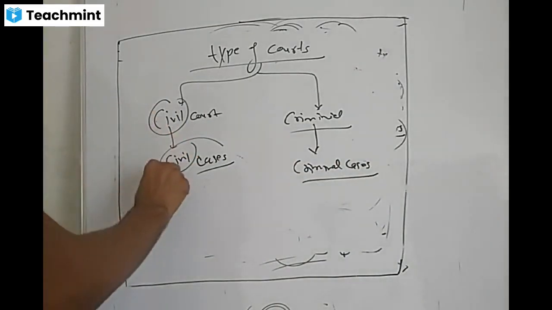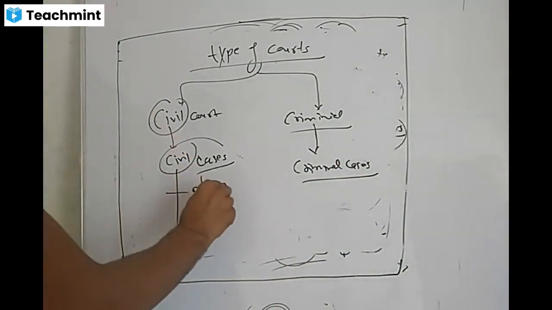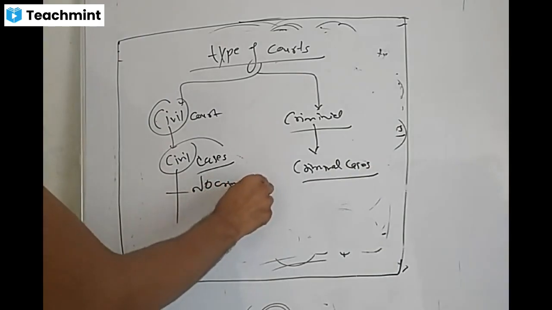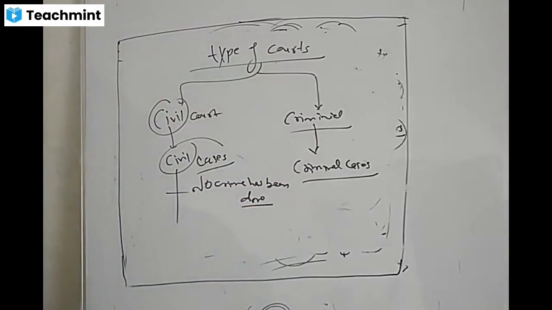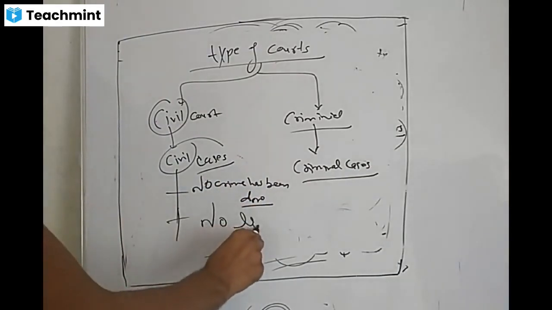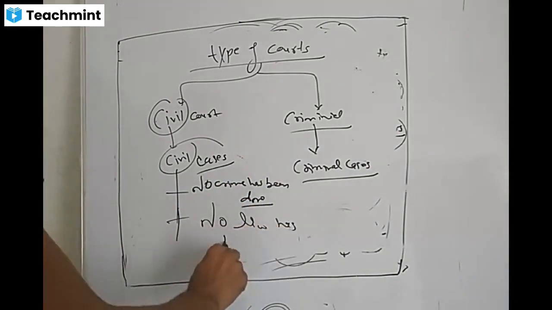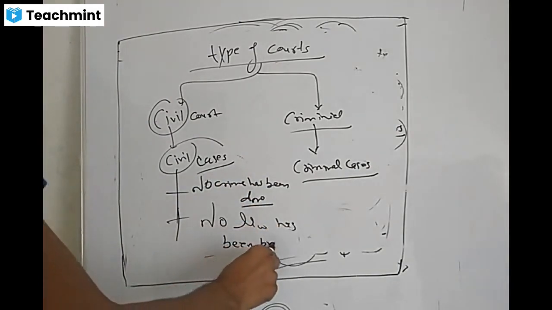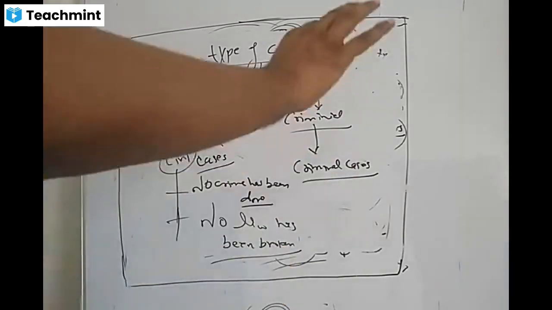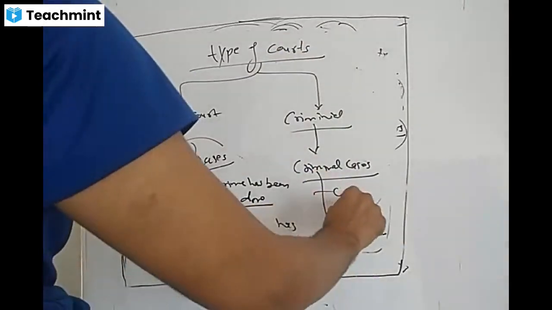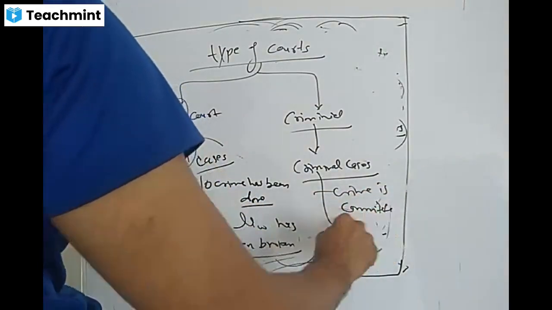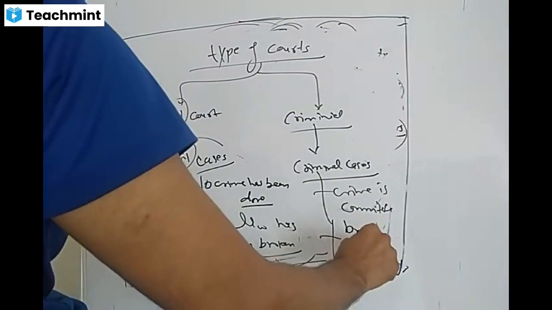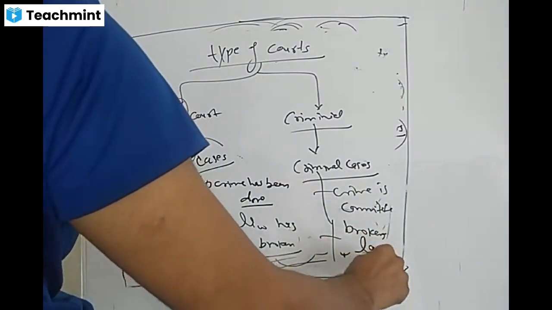Civil cases means no crime has been done, and in this case, no law has been broken. But in case of criminal cases, a crime is committed, and you have broken the law.